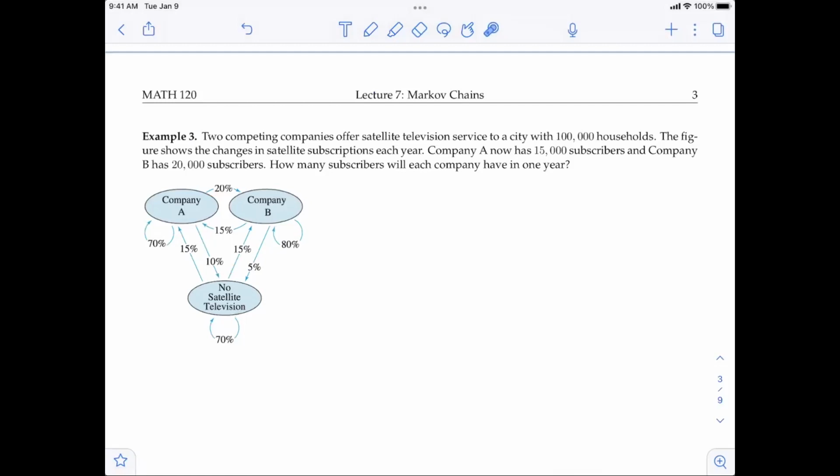Okay, so there are 3 states in this particular situation. Even though you are dealing with just 2 companies, there are 3 states. One state is that there are subscribers using company A. The second state is there are subscribers using company B. And there's another state that nobody uses either company, or there are no satellite televisions at all.